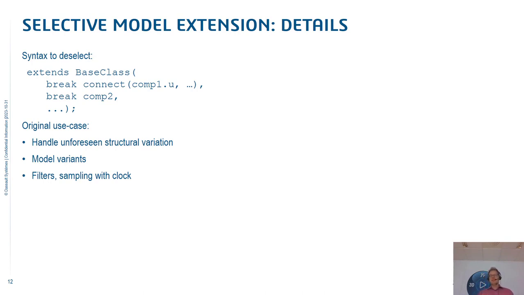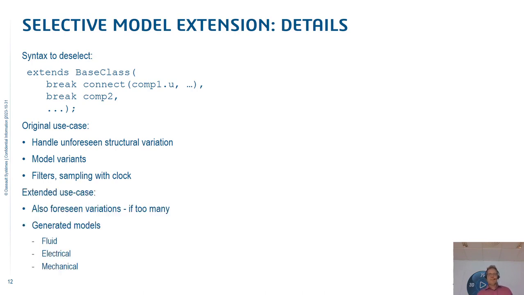The second is you can have model variants like here, and especially for the synchronous things where you want to have filtering and sampling, it's convenient to keep the model and add those things. And then we have extended, well, while implementing, we have seen that there are additional use cases. One is that it's possible to foresee that there are variations.